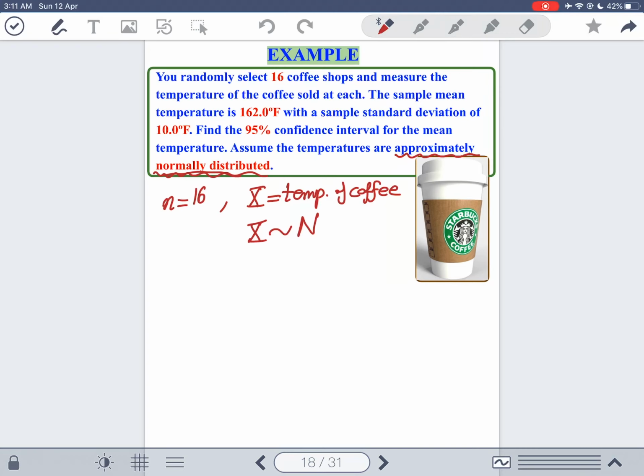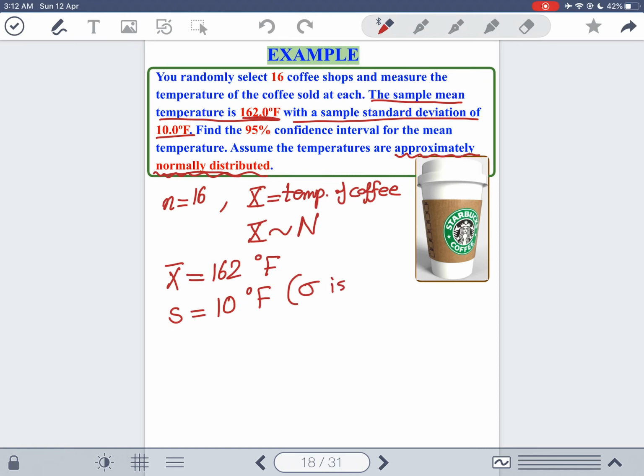But what's special about this example is that sigma is unknown. If you read, the sample mean temperature, X bar, is 162 degrees Fahrenheit, with a sample standard deviation of 10 degrees Fahrenheit. So S is given, not sigma, and this means that sigma is unknown.